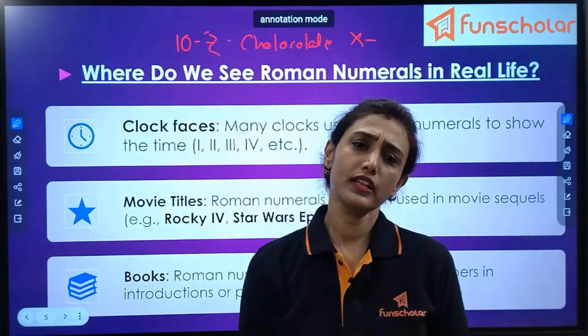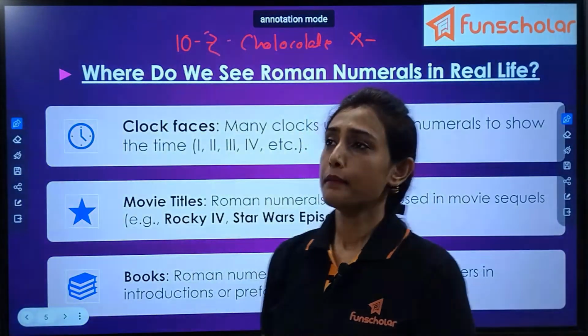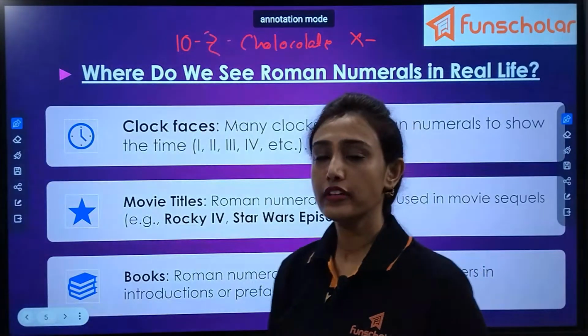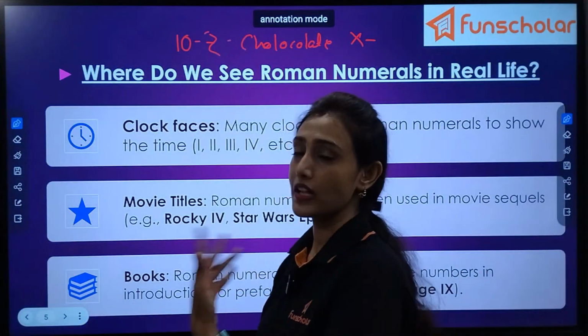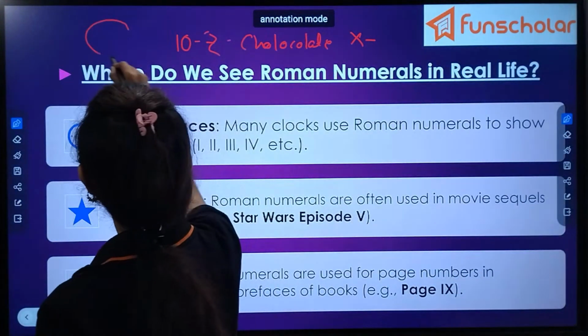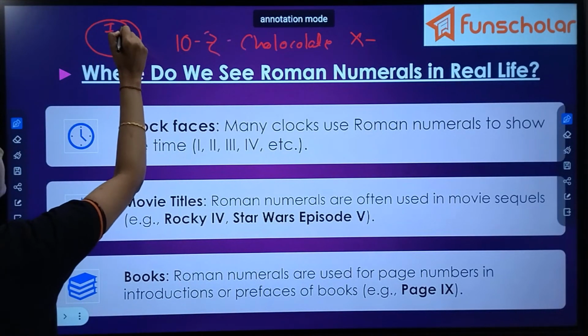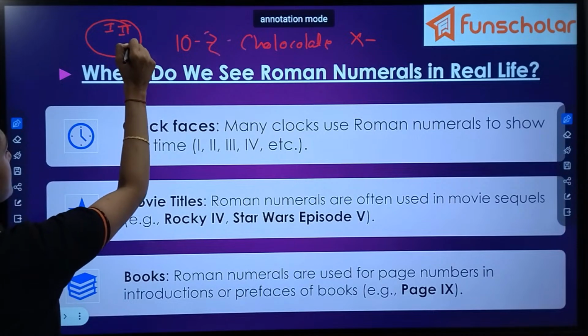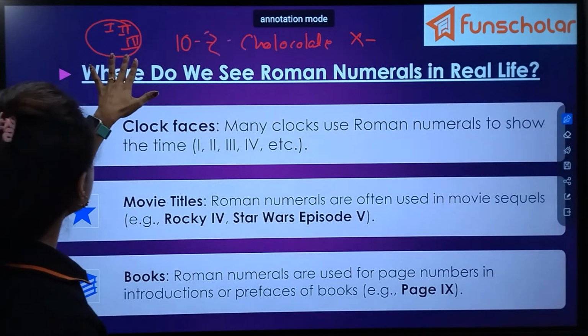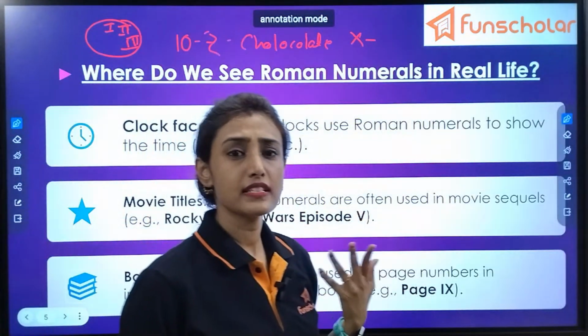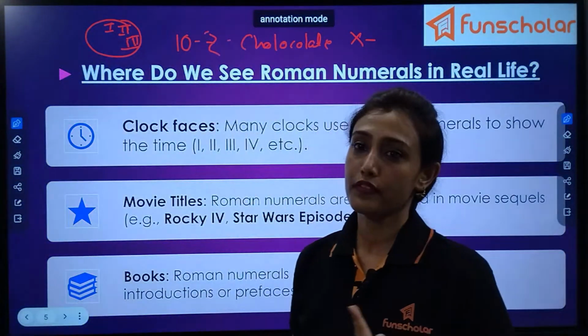No. So then why do we use it, ma'am? Because even now you can see there are some watches where 1 is represented like this, I, then 2 is represented as double I, then 3 is represented as triple I. So it is a good way of writing.